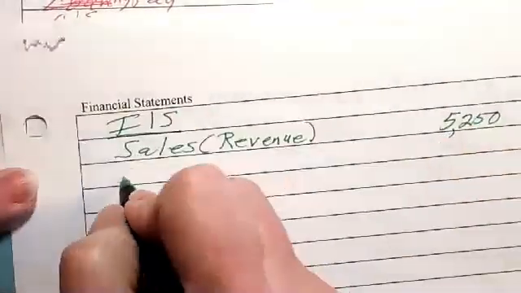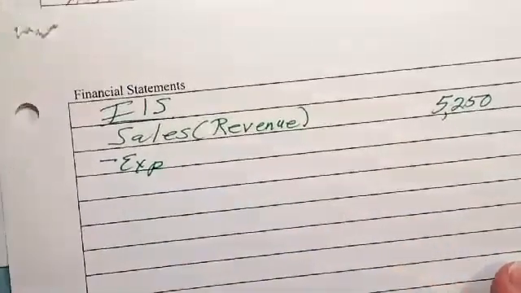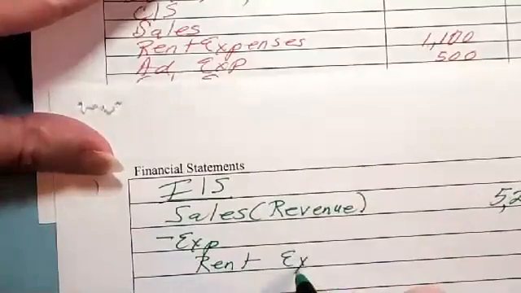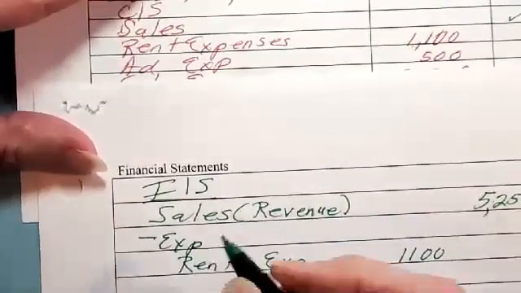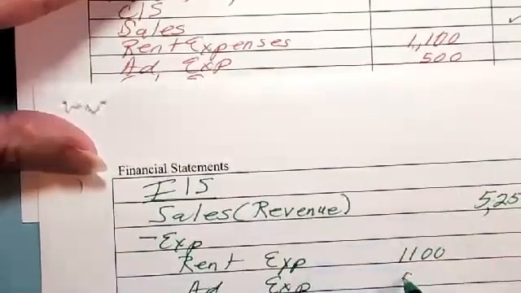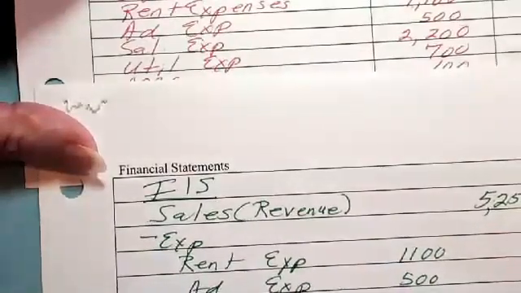And then we're going to subtract out our expenses. And then you just list your expenses. So we have rent expense of $1,100. We've got advertising expense of $500. We've got salaries expense of $2,200.